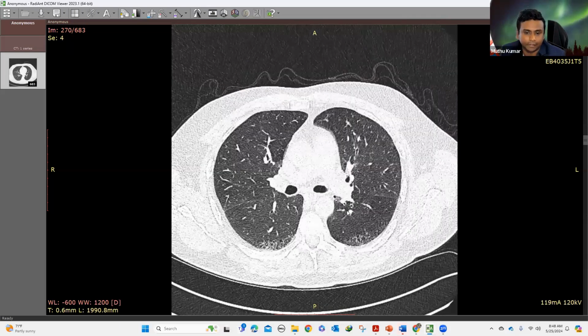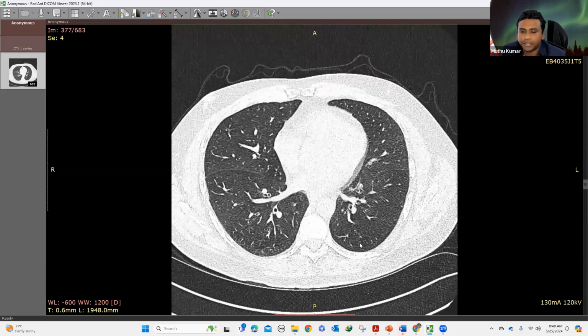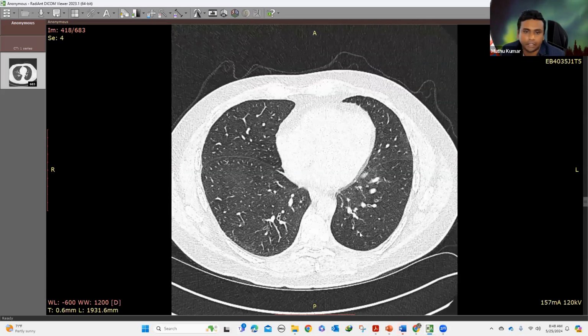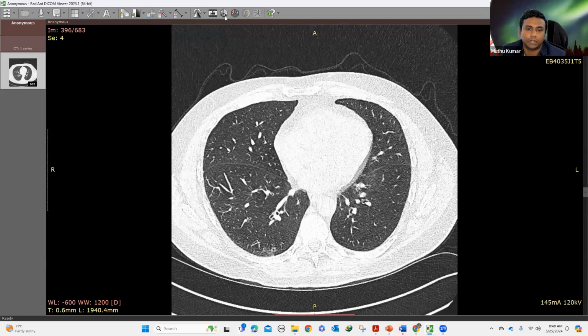So the first thing, when there is a patient who has some mild rales and restricted PFT and the question of fibrosis, the first thing I do is I just go and look at the sagittal. Just a minute.